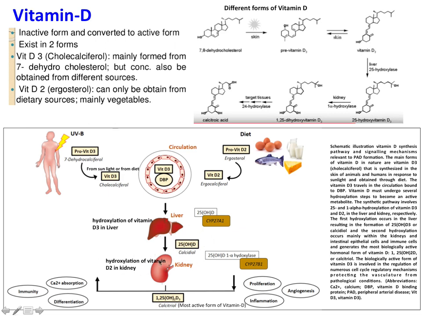Then the hydroxylation takes place in the kidney and finally calcidiol is converted into calcitriol, and this calcitriol is the most active form of vitamin D, and it can work in our immune system. It increases the calcium ion absorption and it also helps in the differentiation of various cells. On the other hand, it is also helpful in angiogenesis, or blood vessel synthesis. So that's all about vitamin D.